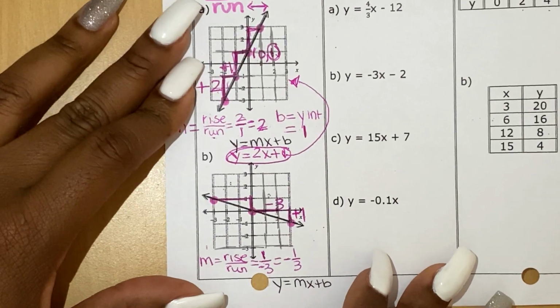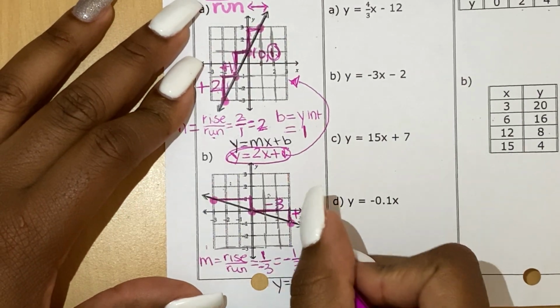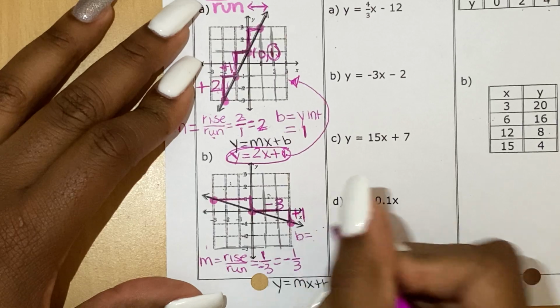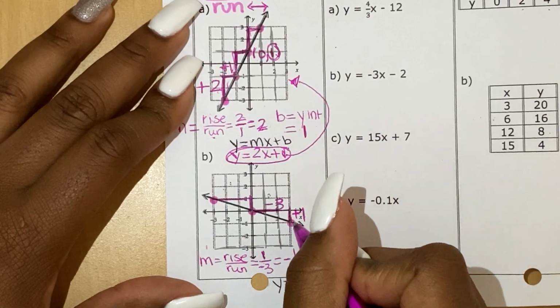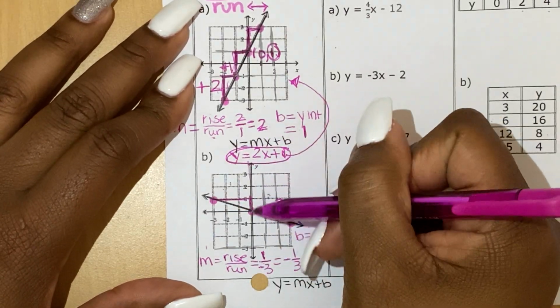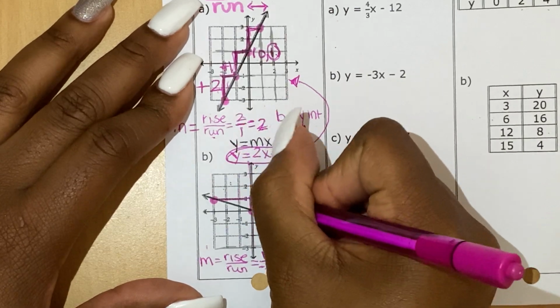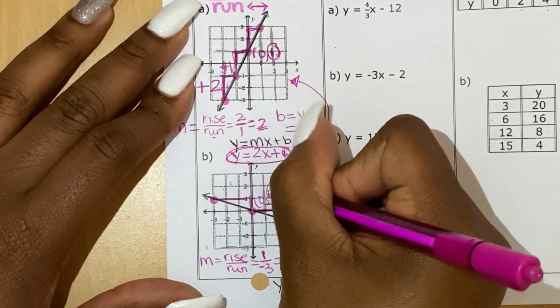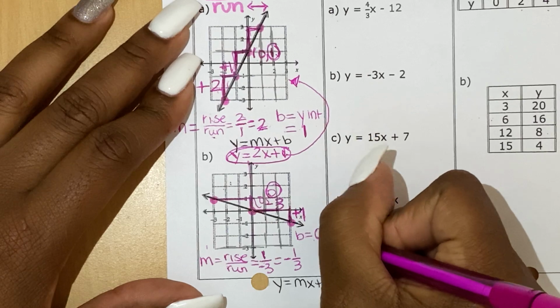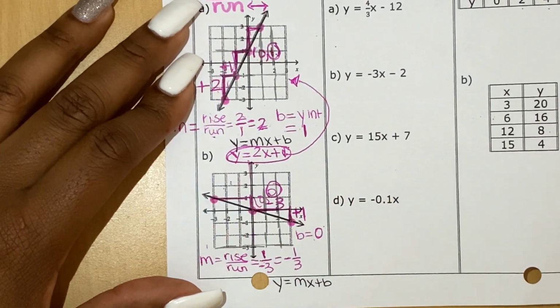For your y-intercept, where this line crosses the y-axis, it crosses the y-axis here at (0, 0). We just need that y value. So your b, or y-intercept, equals 0.